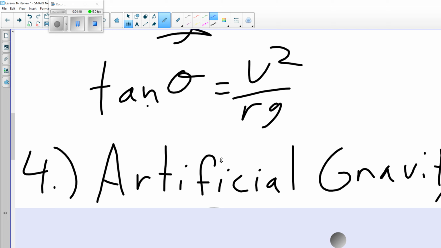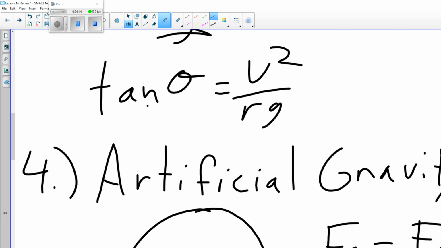That's artificial gravity. So when we talk about artificial gravity, we are simply saying that we want the centripetal force, which is actually not provided by the force of gravity, but provided by the normal force, to feel like gravity. And thus we get that feeling of artificial gravity.